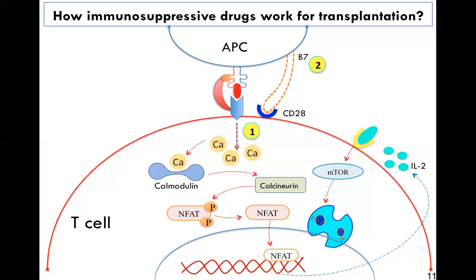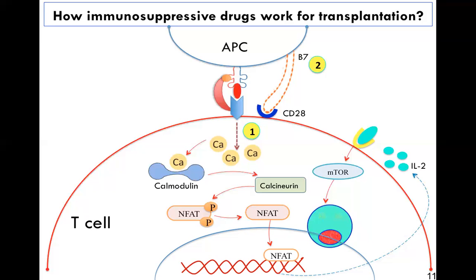The calcium ion binds to calmodulin, resulting in the release of calcineurin, which dephosphorylates NFAT. It translocates toward the nucleus, then releases interleukin 2 that binds to the interleukin 2 receptor and activates the mTOR pathway, resulting in the cell cycle and the expansion of T cells.